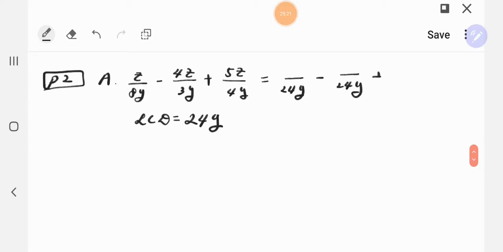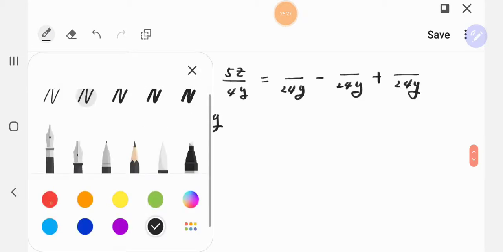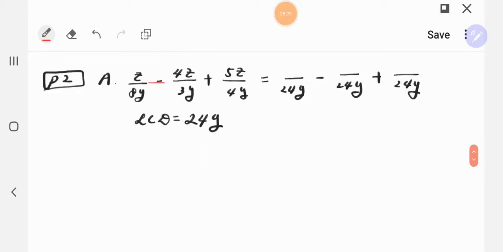Okay, so we will rewrite the three fractions with the same LCD, 24y minus something over 24y plus something over 24y. Then let's change the numerators. 8y becomes 24y by multiplying by 3. So multiply the denominator by 3, then also multiply the numerator by 3.